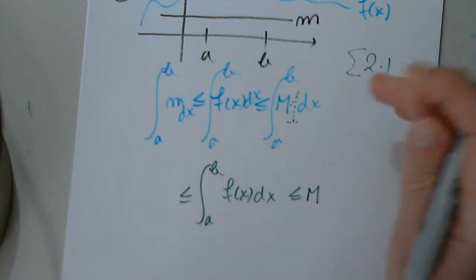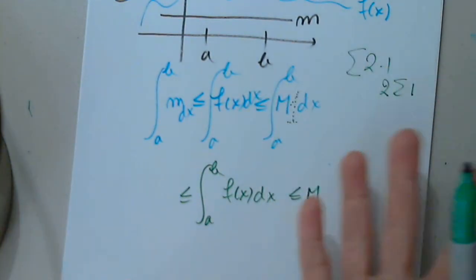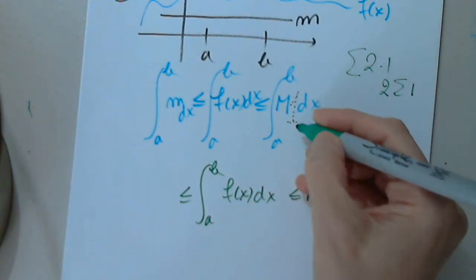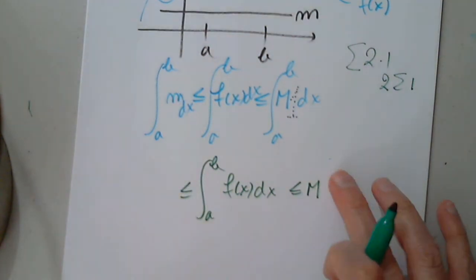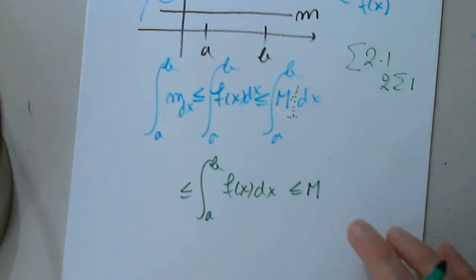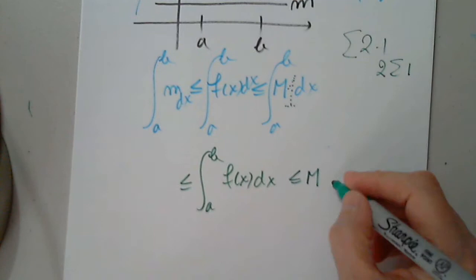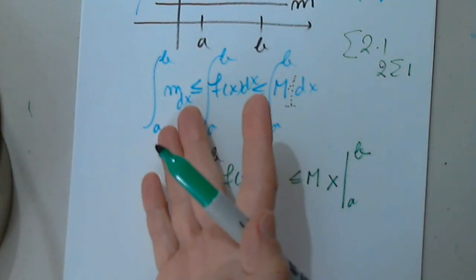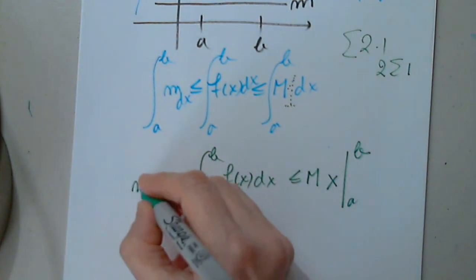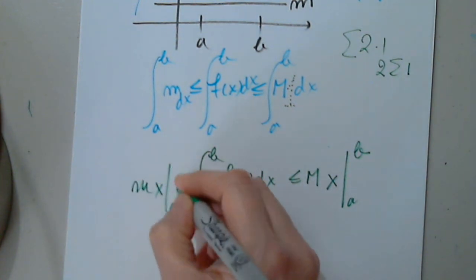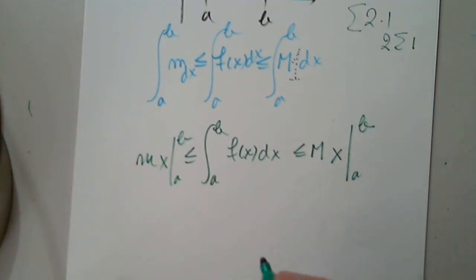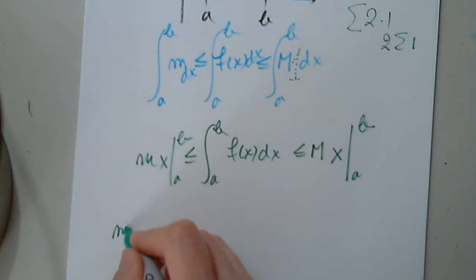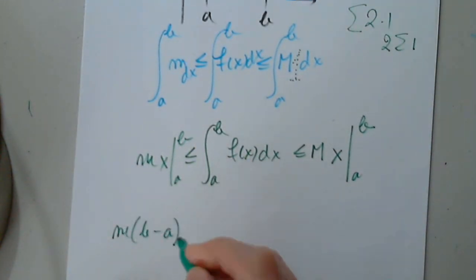Same thing here. If I put a constant outside, I have to have a function. The function is 1 then. What function's derivative is 1? X. Perfect. From a to b. Exactly the same idea here. m x from a to b. We plug in b. We plug in a.